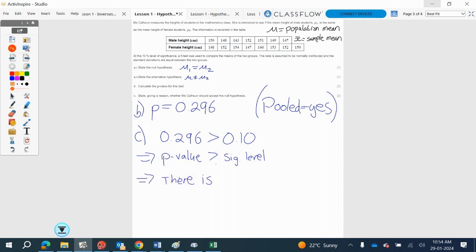There is insufficient evidence to reject the null hypothesis.